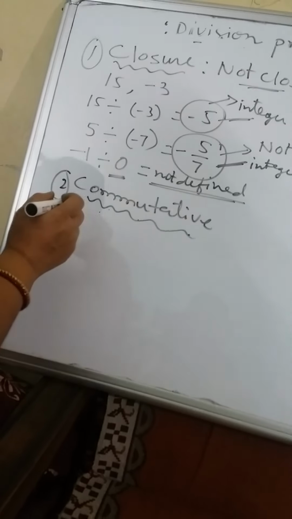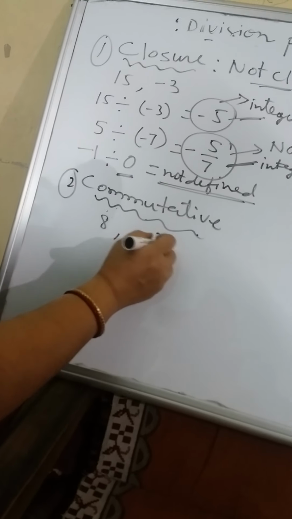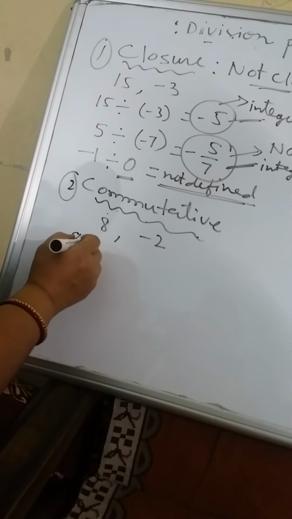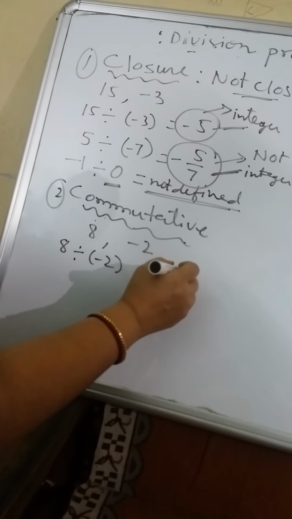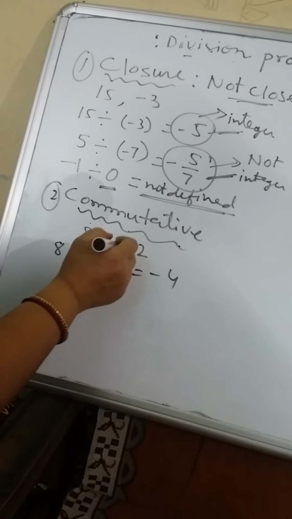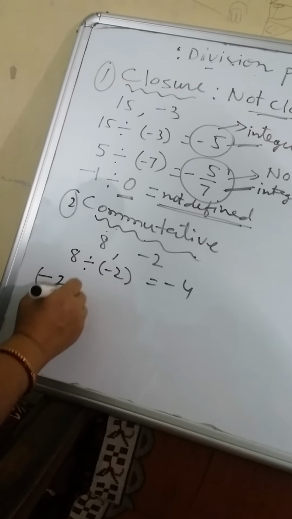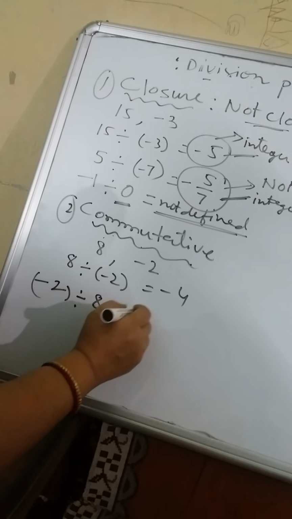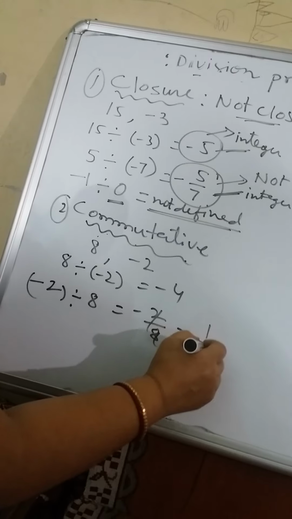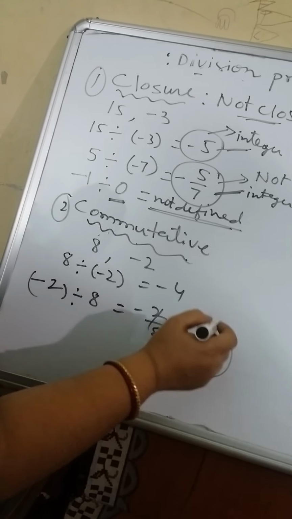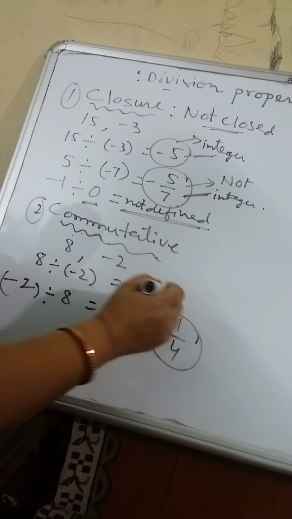Say I'll take two integers, 8 and -2. If I divide 8 by -2, my answer will be -4. But if I reverse the order, that means if I divide -2 by 8, my answer will be -1 by 4, which is not the same. The results are not same.